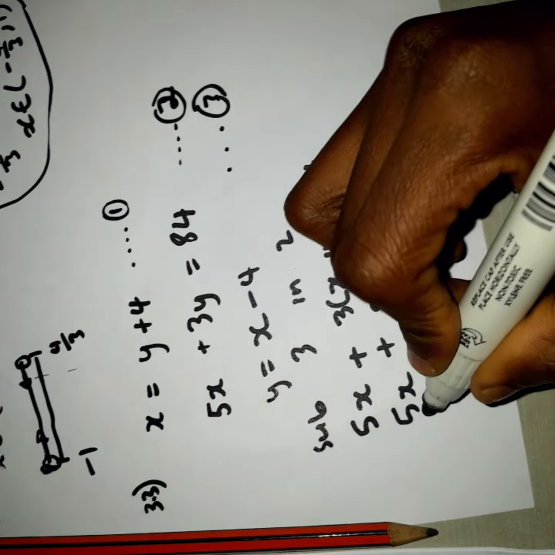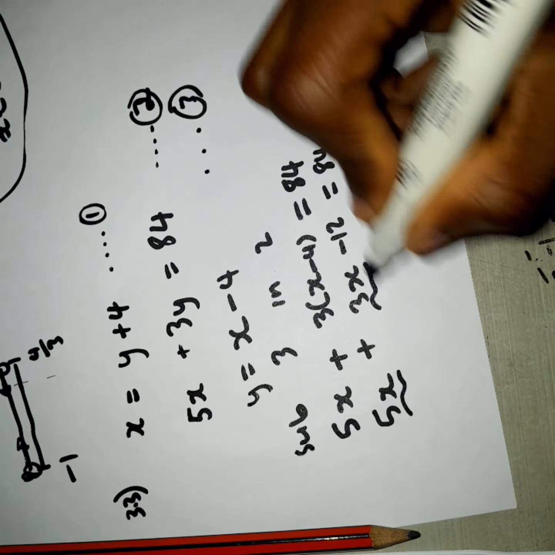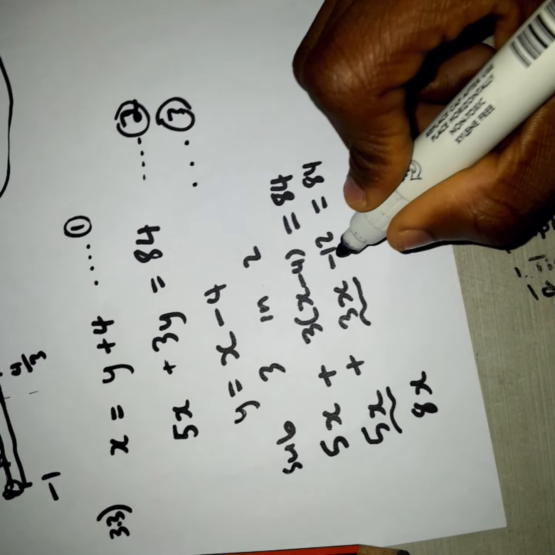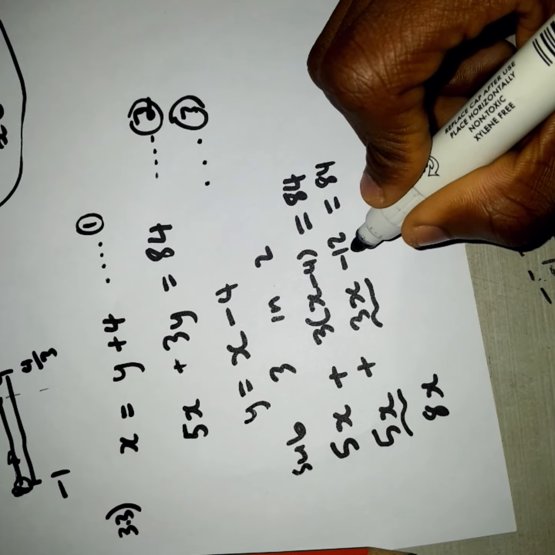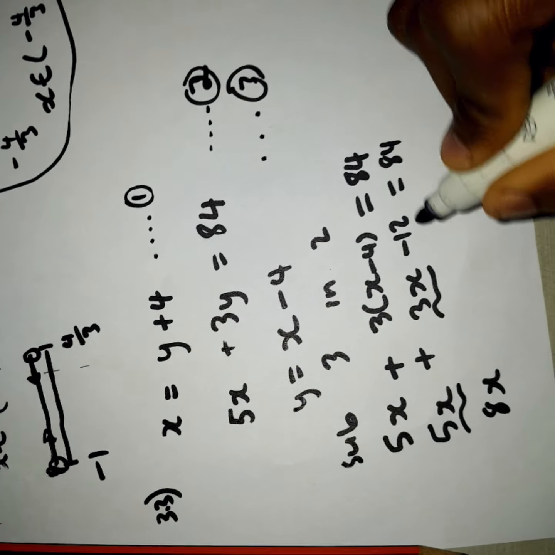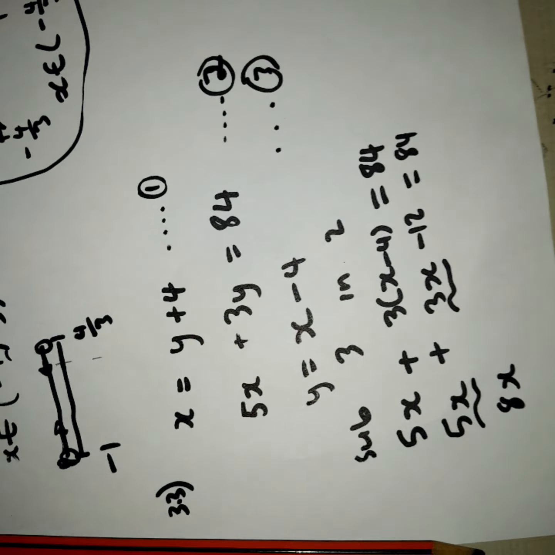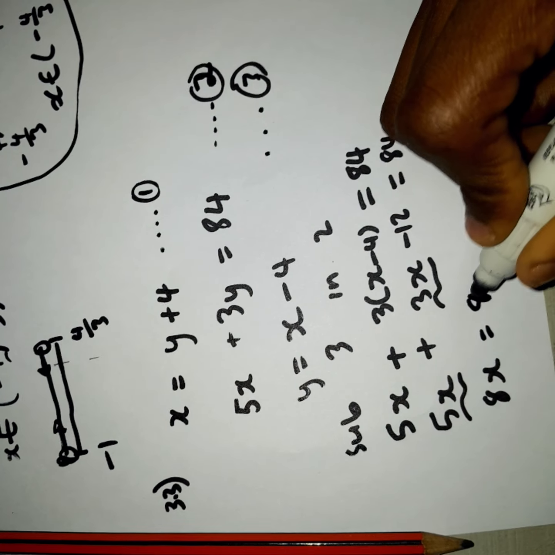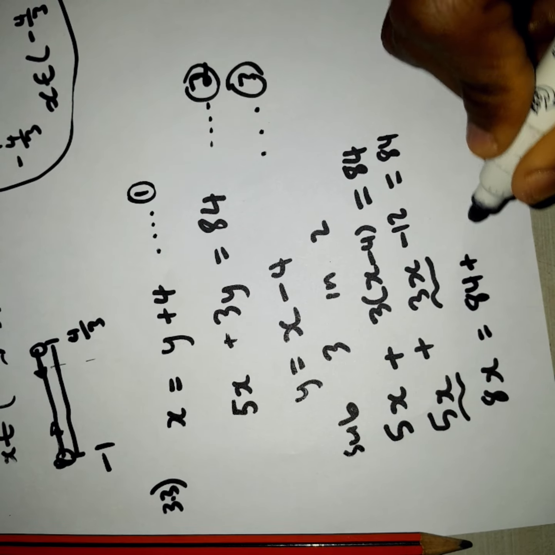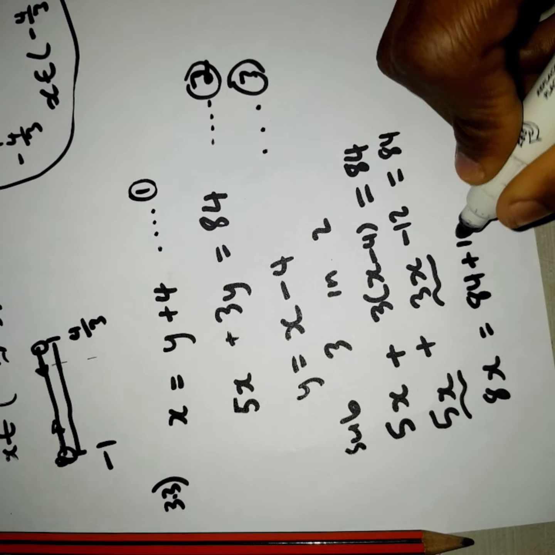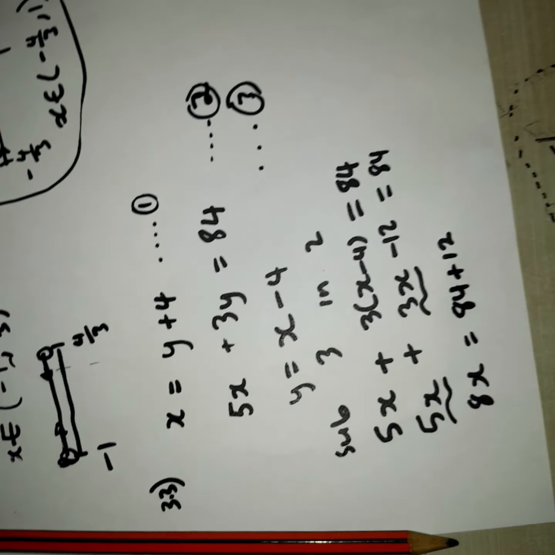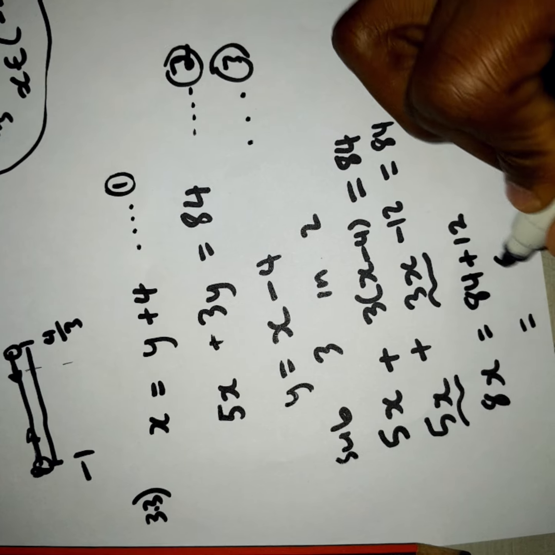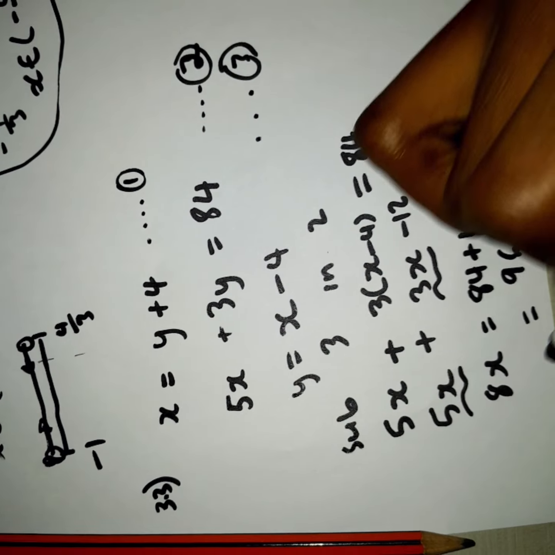So you can see we have the like terms here. We will add these ones here, and this one we will take to the other side. It will become a negative, oh sorry, a positive. So it's 84 plus 12. It's going to give us 96.